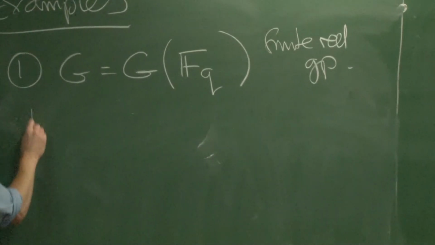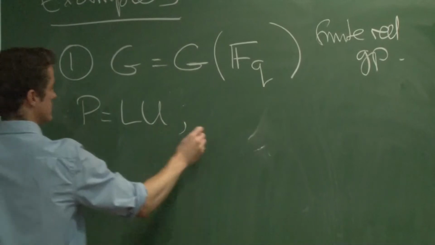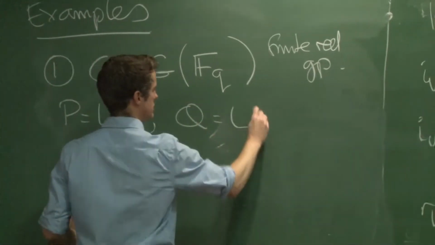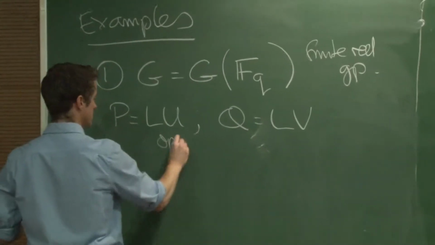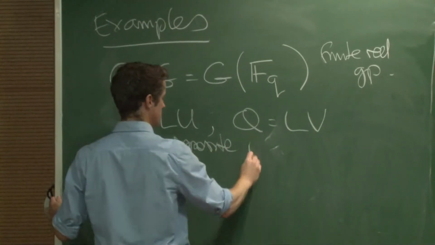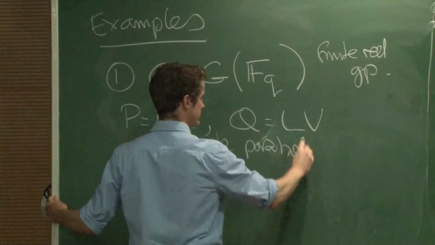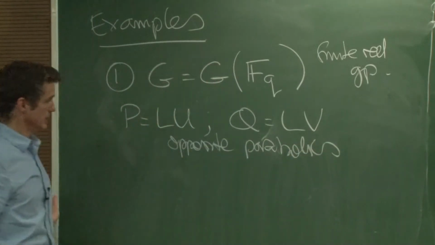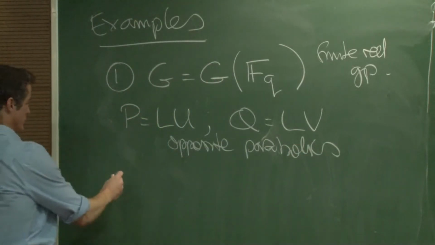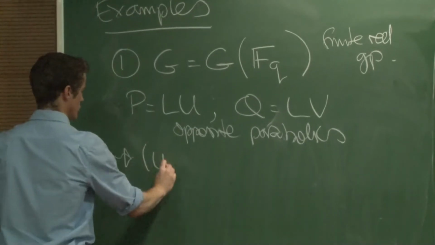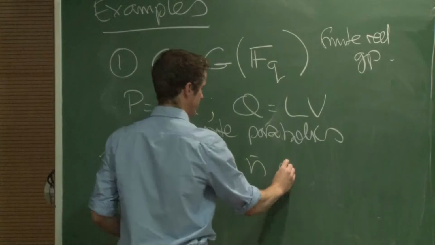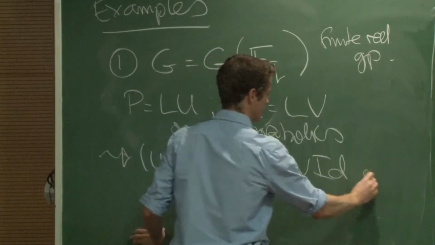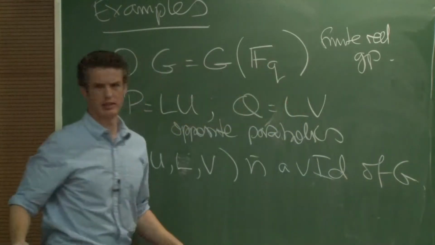Suppose I have P, Q, an opposite pair of parabolic subgroups. Okay, well then the triple Q, L, P is one of these virtual Iwahori decompositions of G. Okay, what do you need to check?